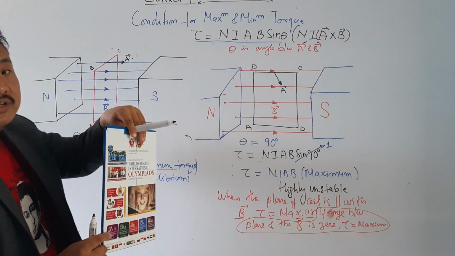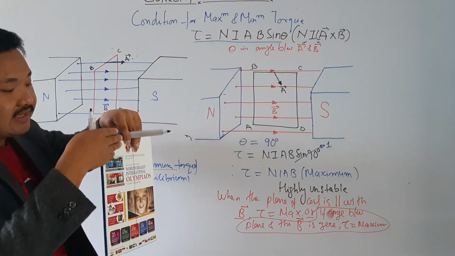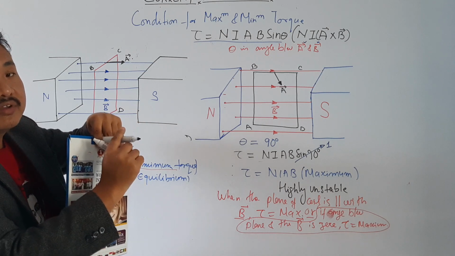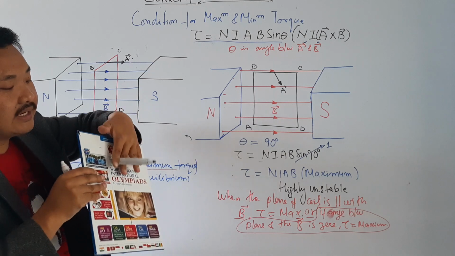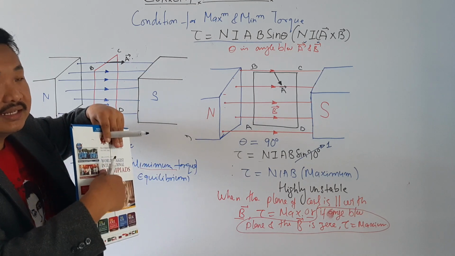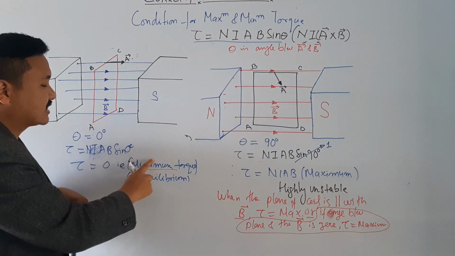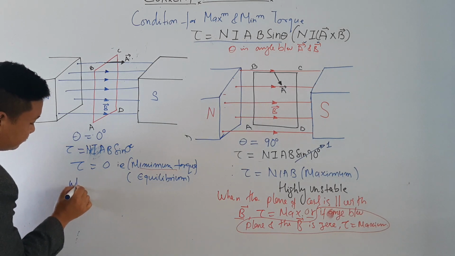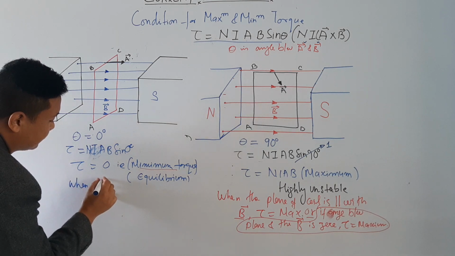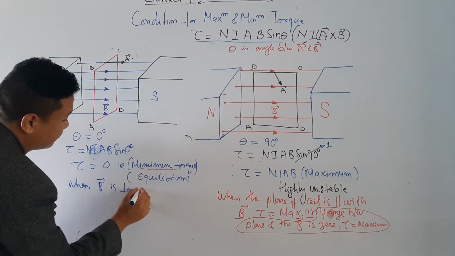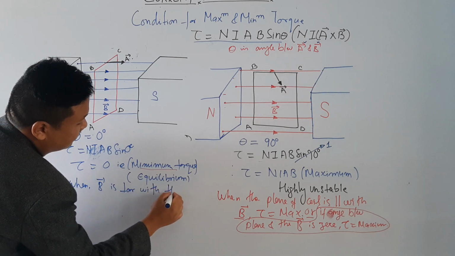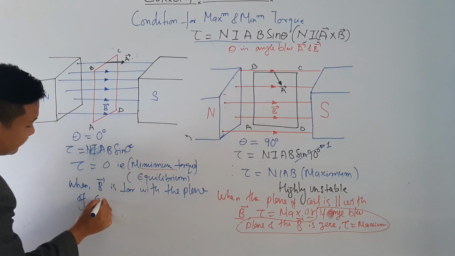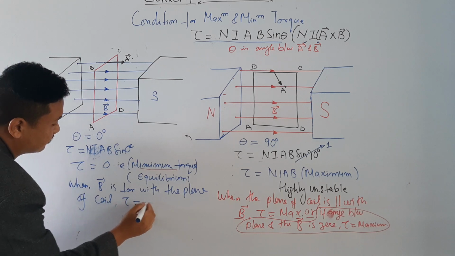When is the torque minimum? When the plane and magnetic field are perpendicular. When the magnetic field is perpendicular to the plane of the coil, it will not experience a torque. In other words, when the magnetic field is perpendicular with the plane of the coil, torque is equal to 0.